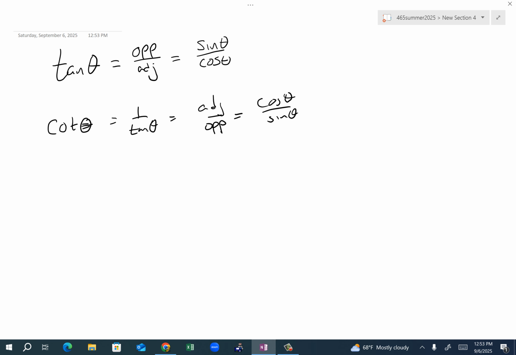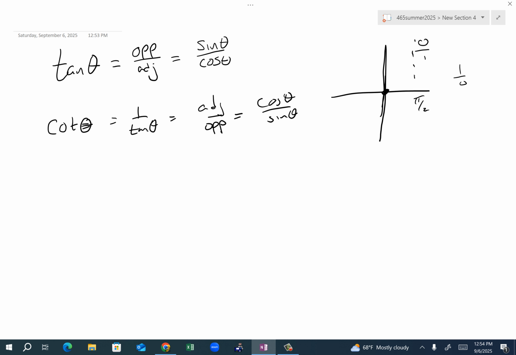So clearly both of these are going to have issues, right? For instance, sine over cosine: at 0, the sine is 0 and the cosine is 1, so that's 0. But at pi over 2, it's going to be 1 over 0, which is no good.